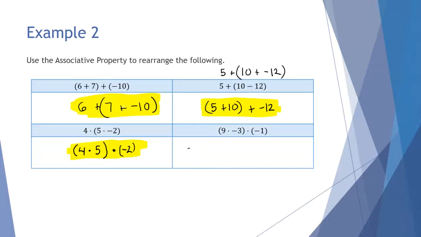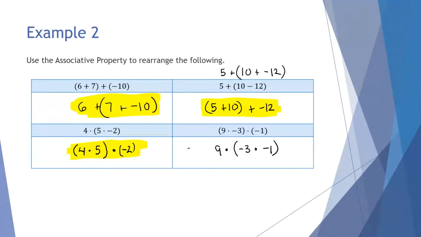Now the second one on the bottom row, I have 9 times -3 grouped together, and then I multiply by -1. If I want to move what's grouped together, I can group the -3 times -1 together instead. I can do those first and then do the 9 times that.